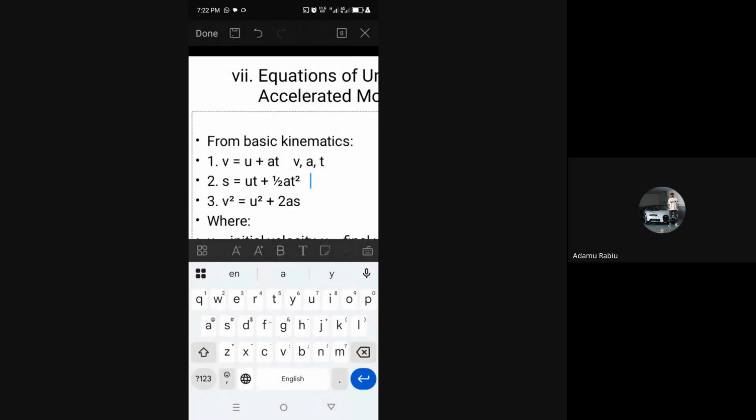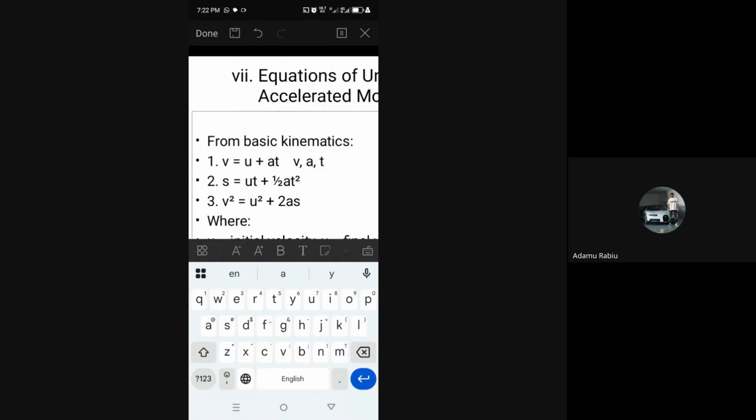So when I see a question that mentions velocity, acceleration and time, I am going to apply V equals U plus AT. Whether it's a vertical motion or a horizontal motion, if it is vertical, your A is just going to be g, acceleration due to gravity, that is 9.8 or 10, depending on the value you are given in the question.